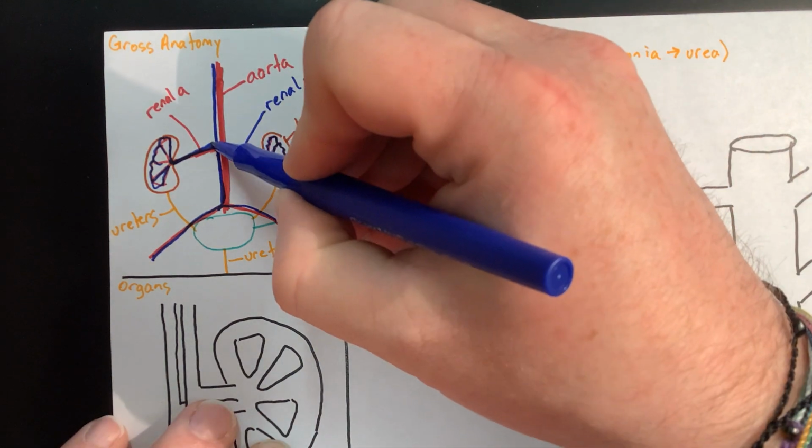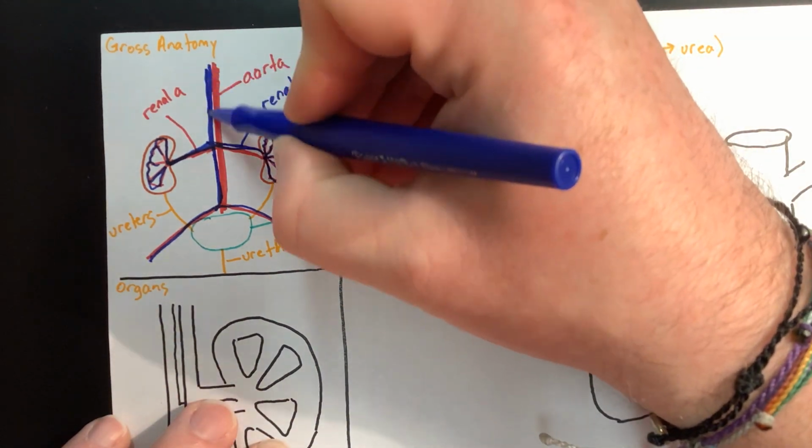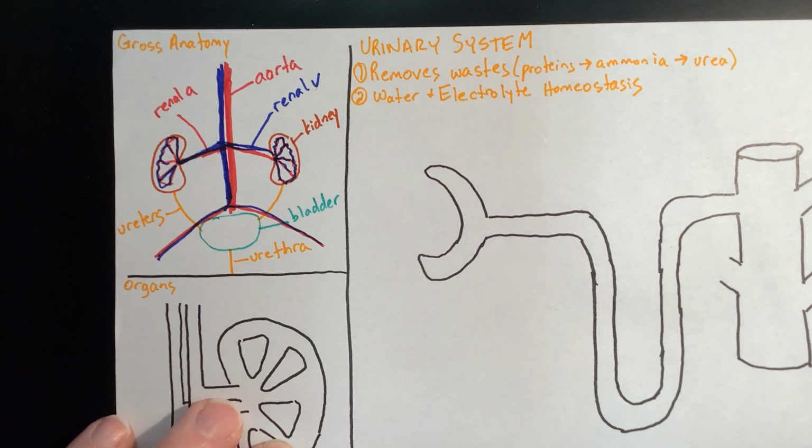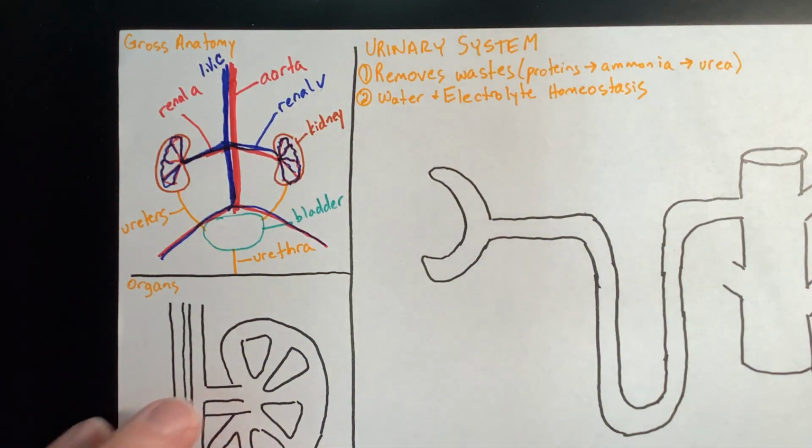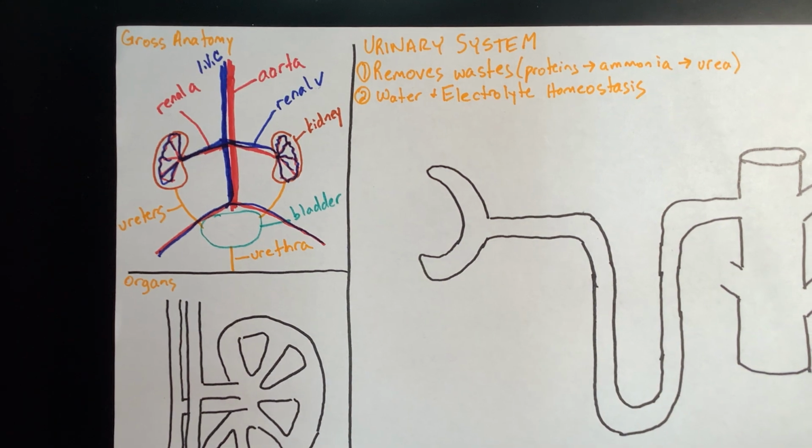That's a really nice name there. And then going back up to the heart is our inferior vena cava, so IVC. So this is the basics of that organ system, some of the things that we have to keep straight here, and some good ties into our previous units.